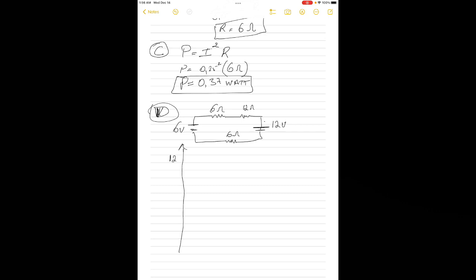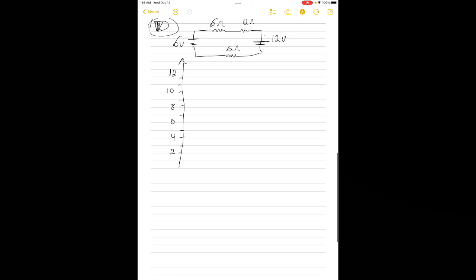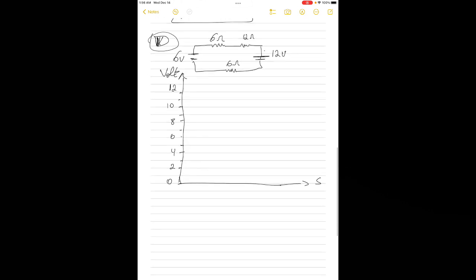and the lowest voltage is supposed to be 0. So this one is the volt, and this one is the distance. Like you guys see, it starts from 0 to 6, and then if we see the voltage on the 6 ohms, by the way, we have to go clockwise.